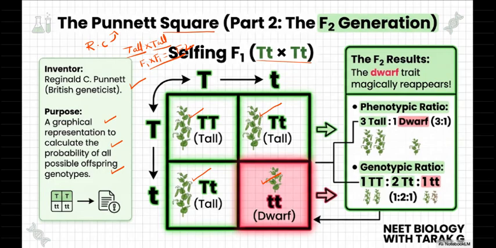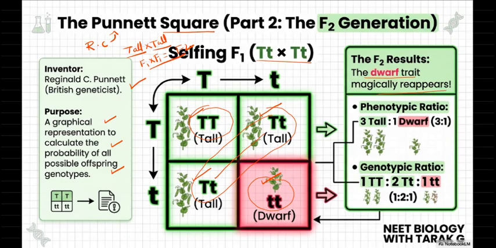These two are called the hybrids, also called heterozygous plants. This is the homozygous tall, and this is the homozygous dwarf. These terms are very important. In the F2 result, the dwarf trait magically reappears.